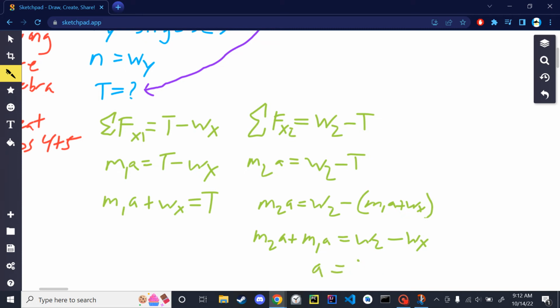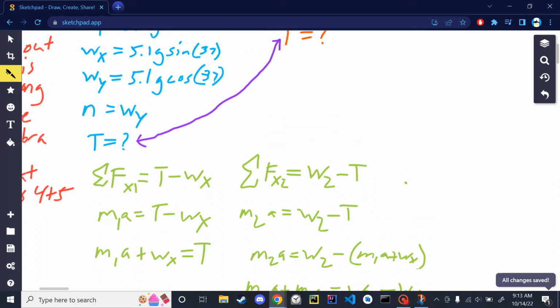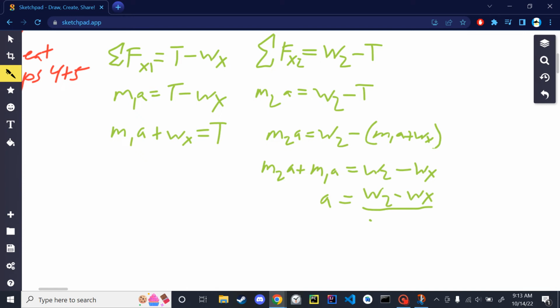Acceleration is equal to, well, W2 minus Wx divided by the sum of the masses. Makes more sense.